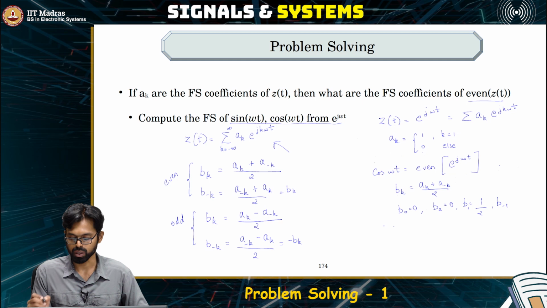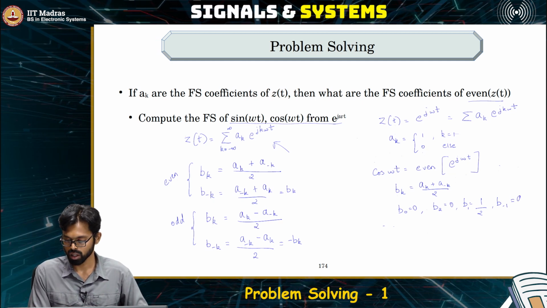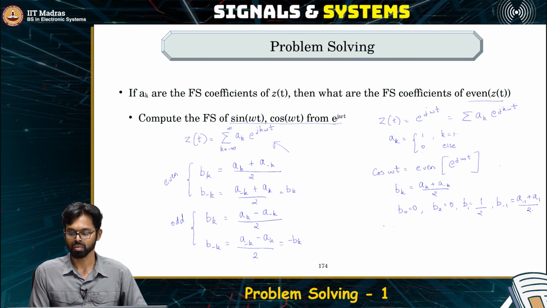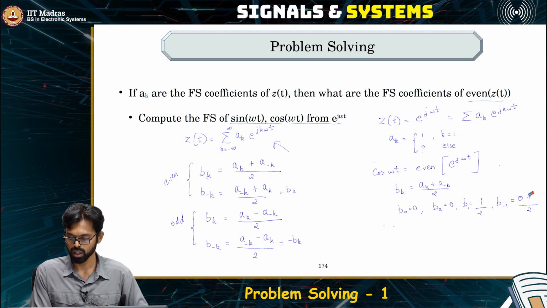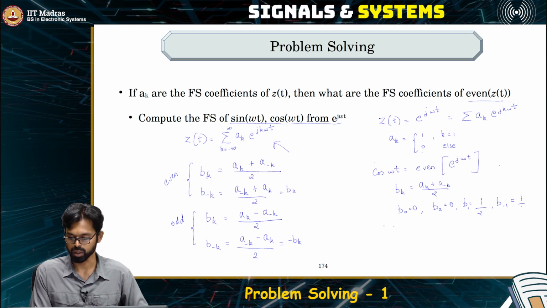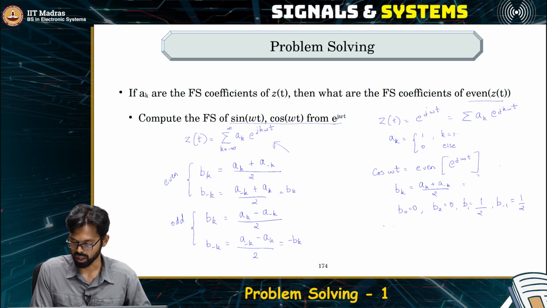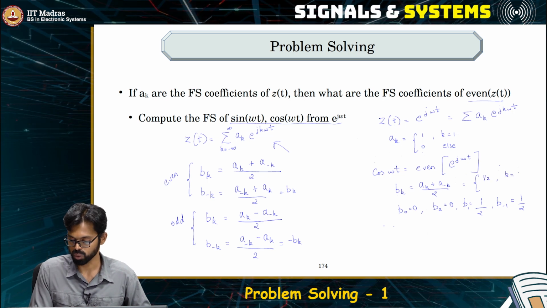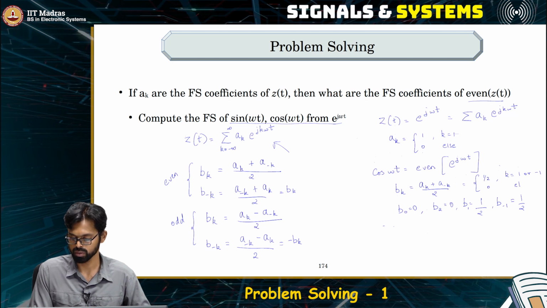What about b minus 1? b of minus 1 is (a minus 1 plus a of 1) by 2. A minus 1 is once again 0, a1 is 1. So b minus 1 is 1 by 2. For all other values of k, this is 0, which means we have this to be equal to half when k is equal to 1 or minus 1, 0 otherwise.